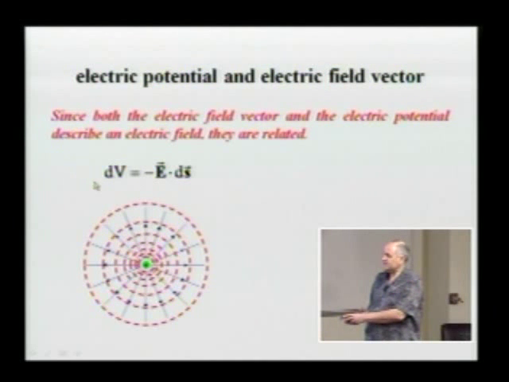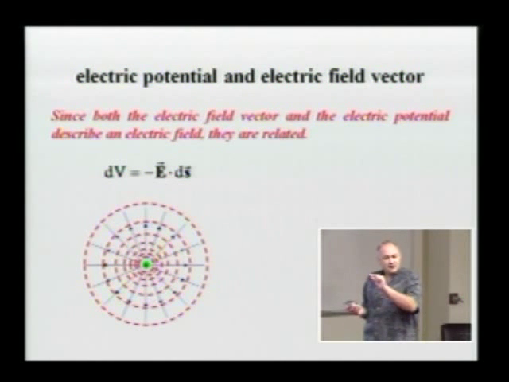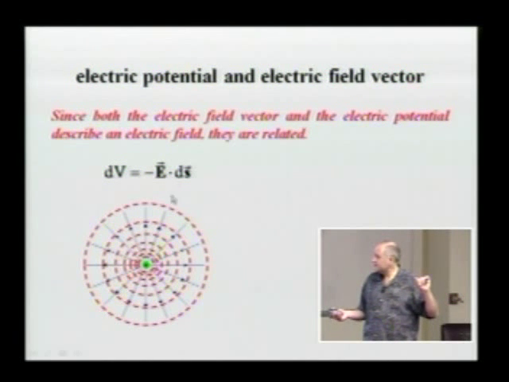Note that it's similar to the difference in potential energy. As a particle moves from one location to another, the change in potential energy was opposite to the conservative work, and conservative work was force times displacement. It's exactly the same way as here.